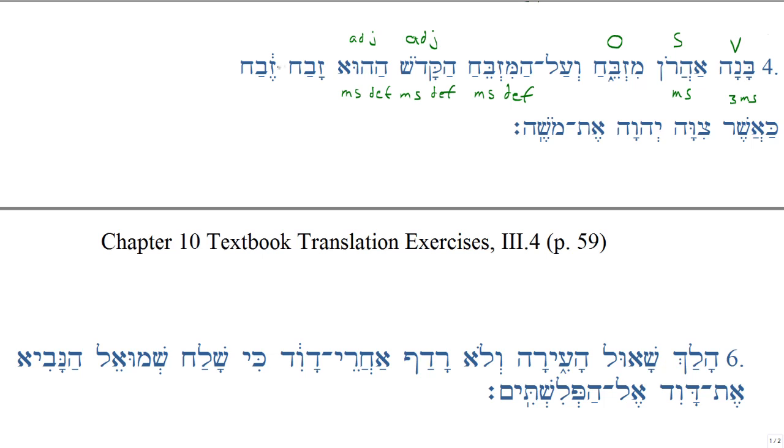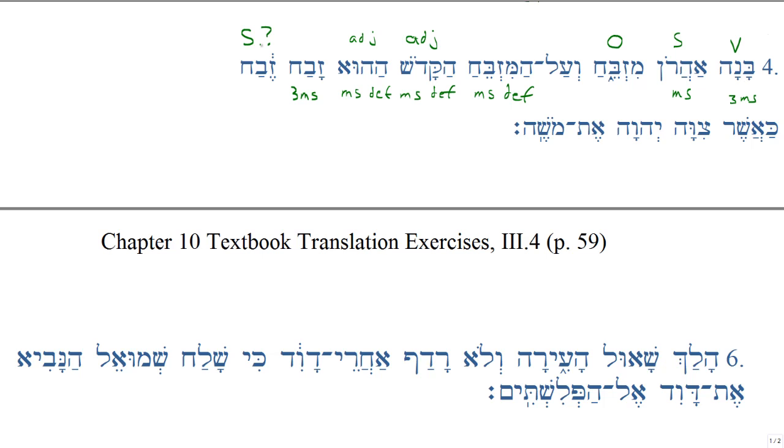So we have zavach, zevach. Now zavach is a third masculine singular verb, and it means to sacrifice. And so he sacrificed something. Now technically there's no direct object marker here. Zevach is sacrifice, a noun. Theoretically, this could be the subject, and then we would say a sacrifice sacrificed, as in a sacrifice performed a sacrifice. But there's a couple of reasons why we wouldn't read it that way.